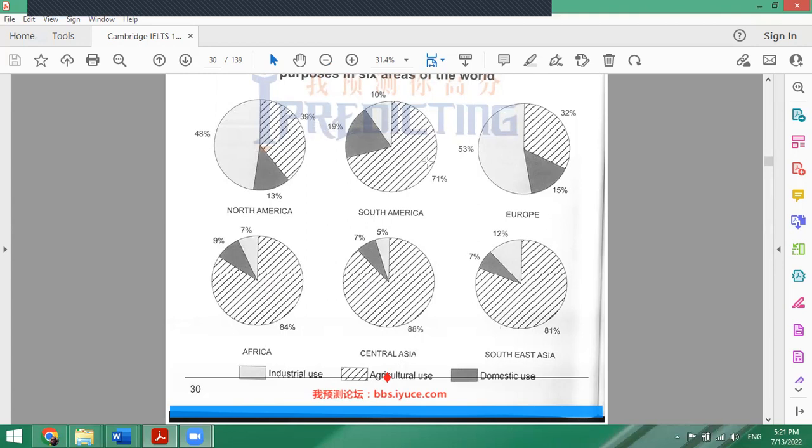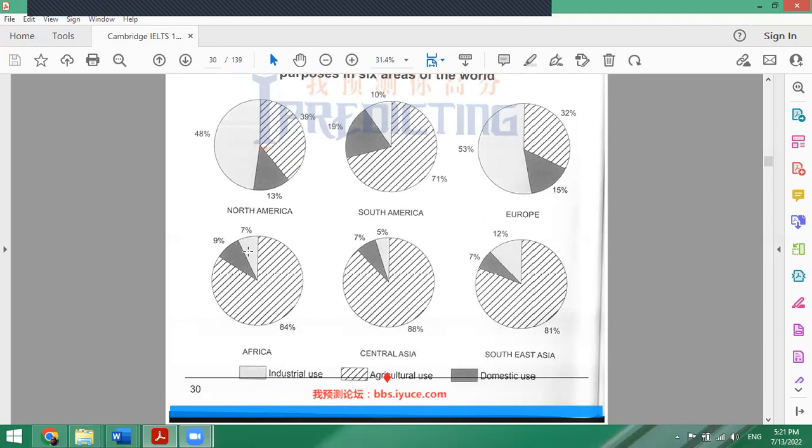And just one example is Europe. So the highest amount of water used for industry was in Europe, which was 53% of overall water, and this number was 7% more than that used in North America. And three other regions, Africa, Central Asia, and South Asia, use relatively less amount of water for industry.